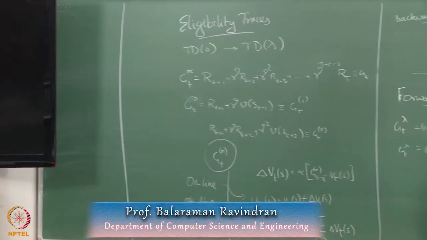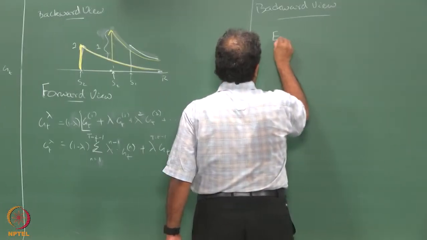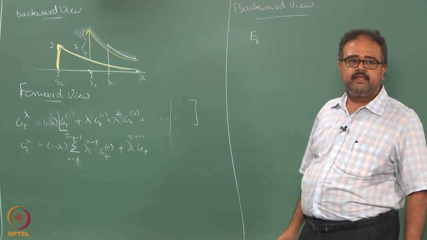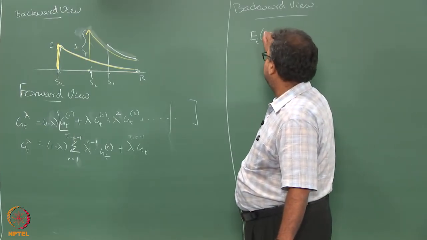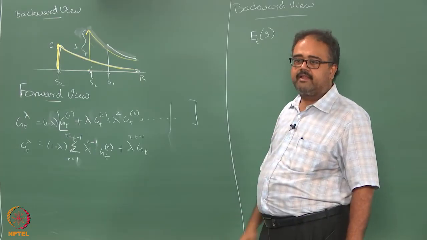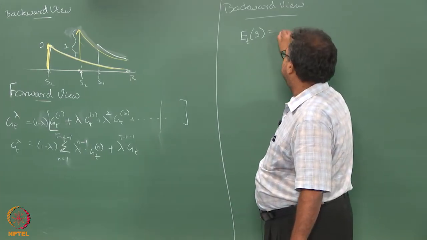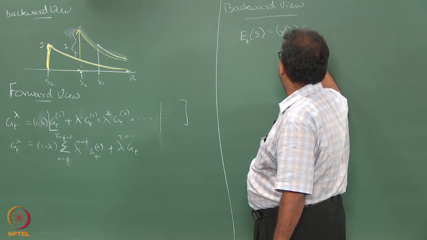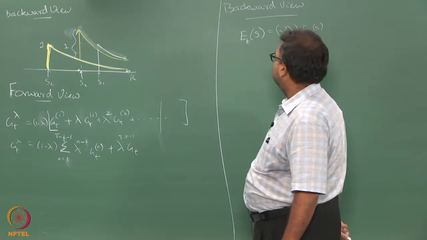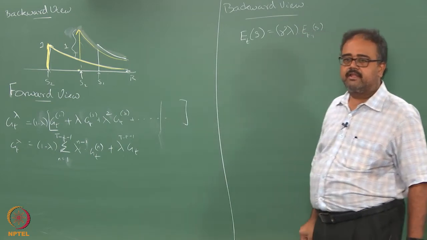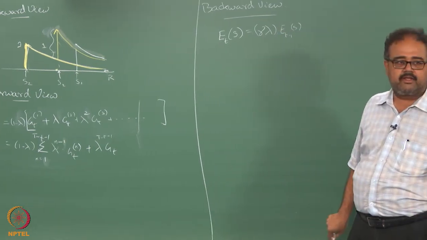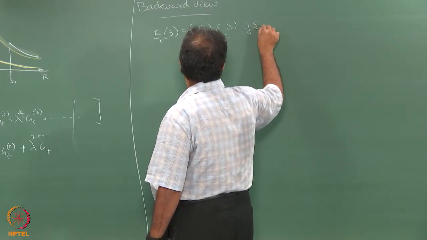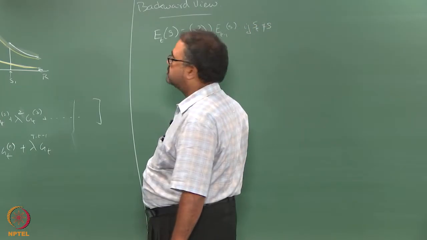So what I am going to do is introduce this new variable called eligibility. I am going to say there is one for each state. The eligibility of the state is equal to gamma lambda times the previous eligibility, that is the decay part, if it is not the current state.